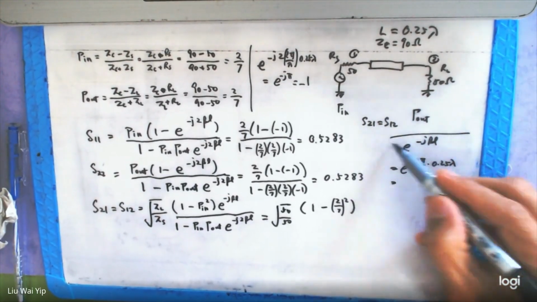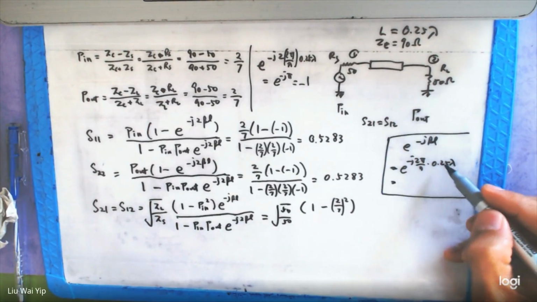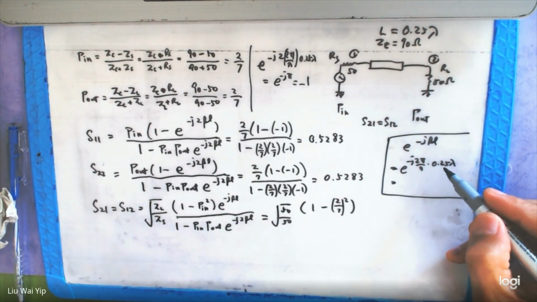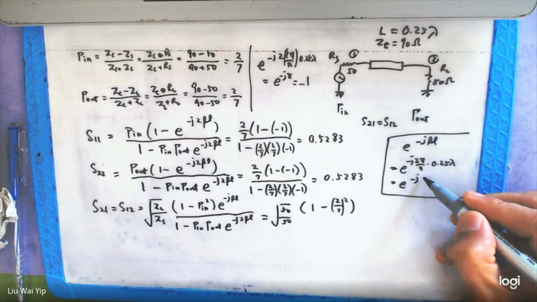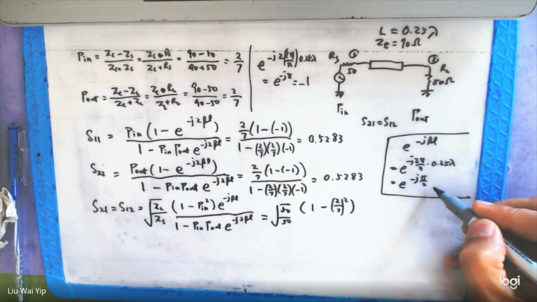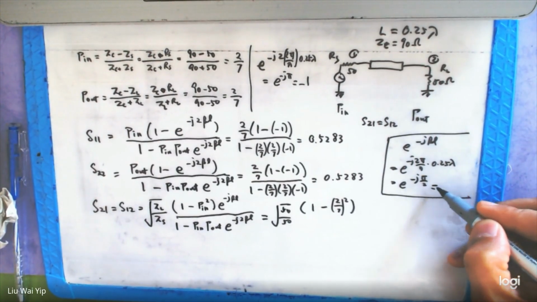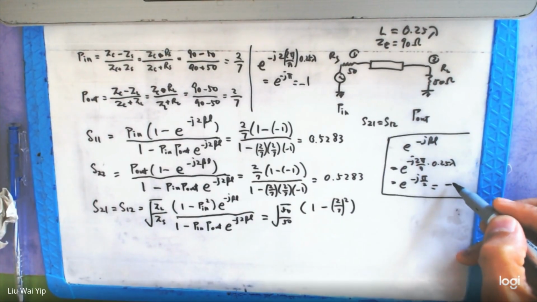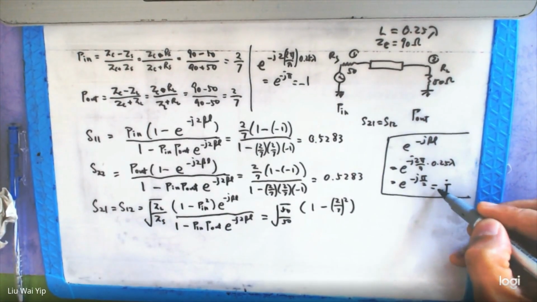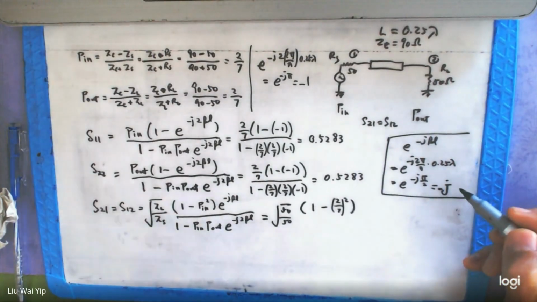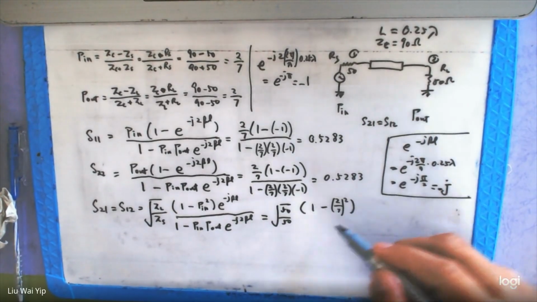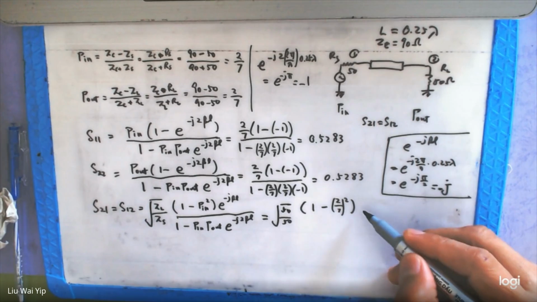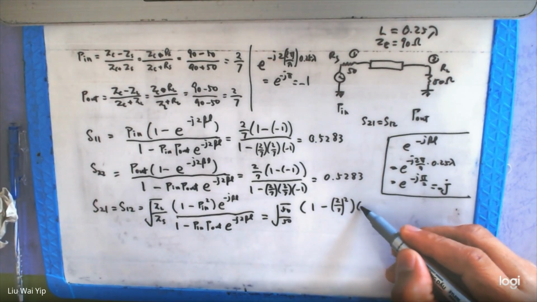So if you pay more attention here, this is equal to pi over 2. So if my understanding is correct, this is minus j. So we can do this, minus j.